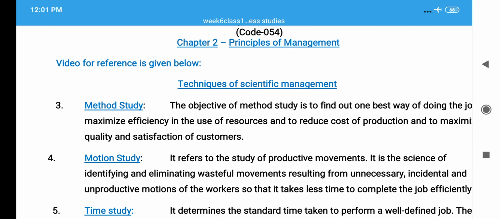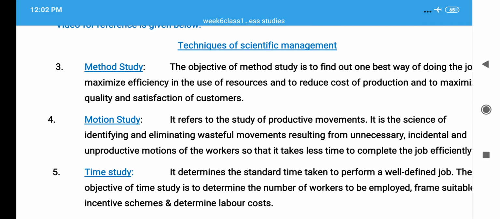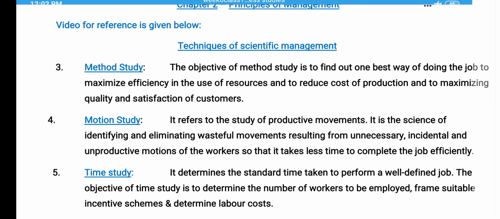For example, the process followed for purchasing of raw materials, producing finished goods, its packaging, and delivery to customer are all parts of method study, in which you will decide what quantity and quality of product you are going to give to your customer.